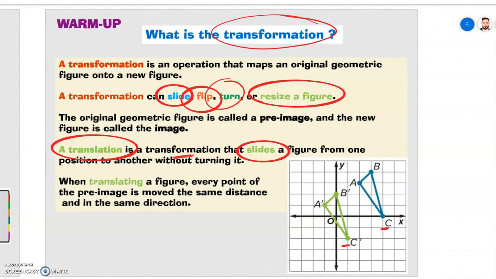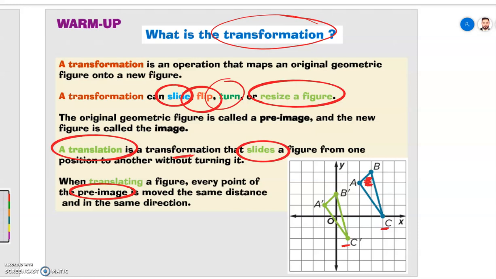When you are translating a figure, every point of the pre-image, this is our vocabulary word today, is moved the same distance and in the same direction. Let's see what the pre-image is and what the image actually is. The pre-image is the original figure.